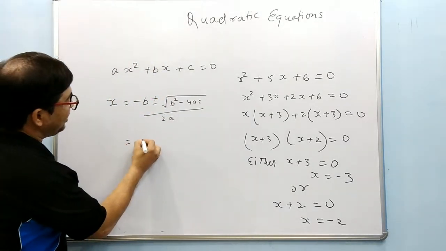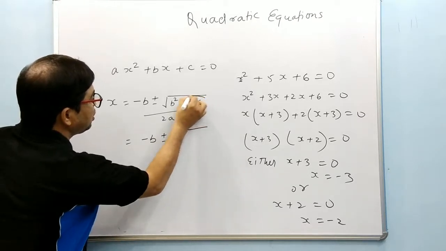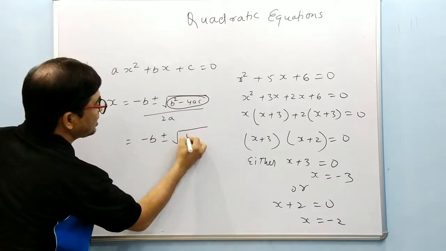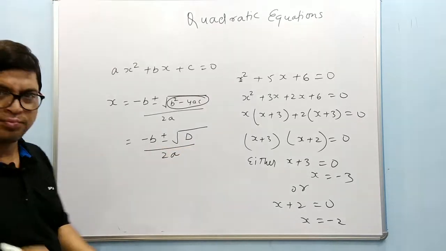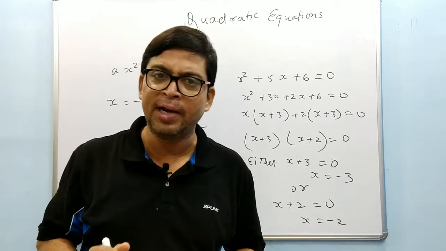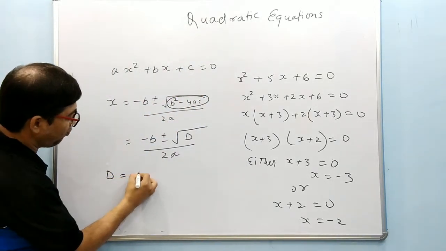We just write this thing as minus b plus minus this thing. This particular thing is known as the discriminant of the quadratic equation. So what is the discriminant of the quadratic equation? It is b square minus 4ac.